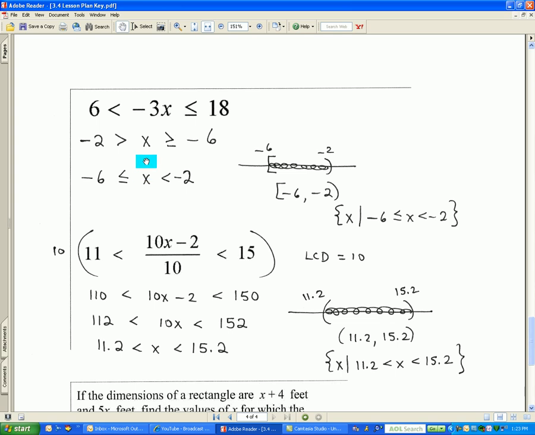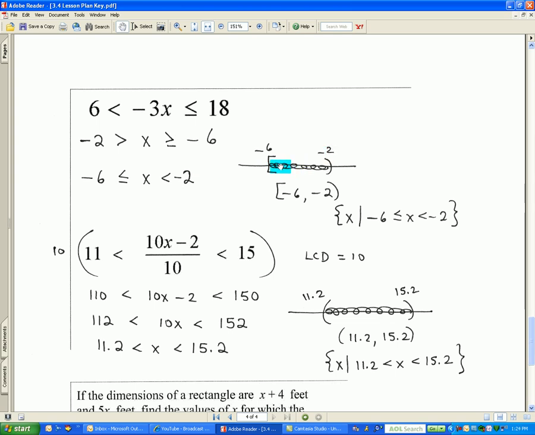It says the same thing. x is less than -2 still says x is less than -2. x is greater than or equal to -6 still says x is greater than or equal to -6. We just put it in the right order. I always try to tell my students to order it. So in general, when you're writing a sandwich, I do want the inequality signs, the little small tips, pointing to the left.